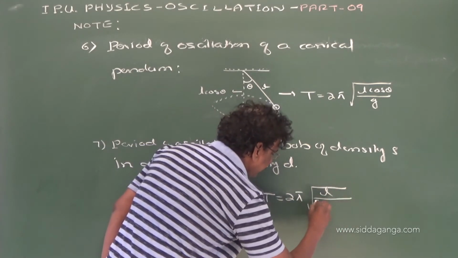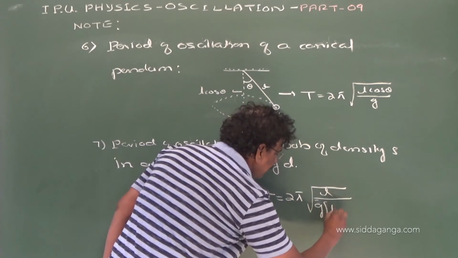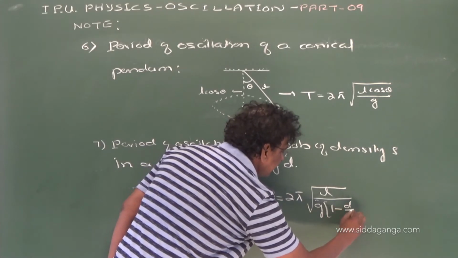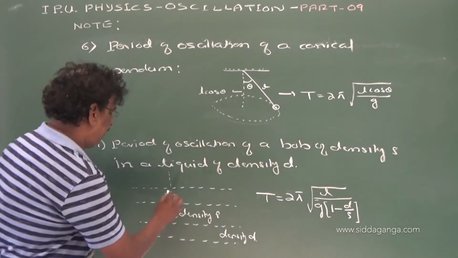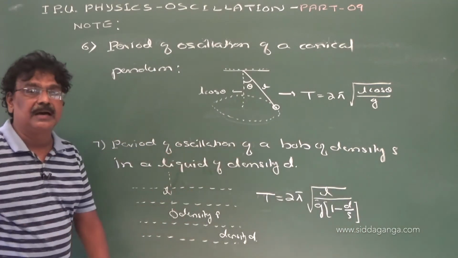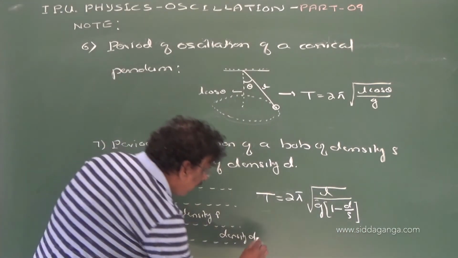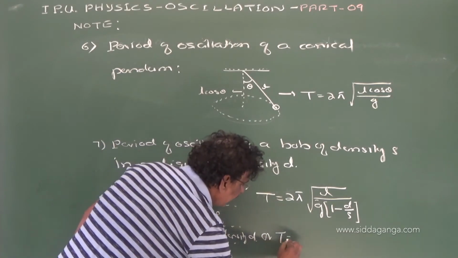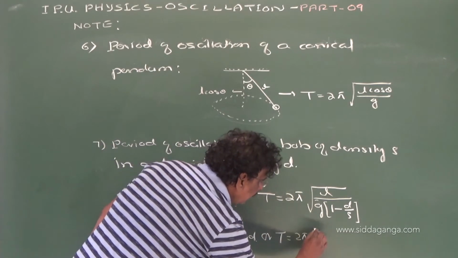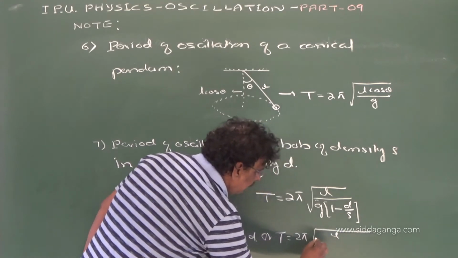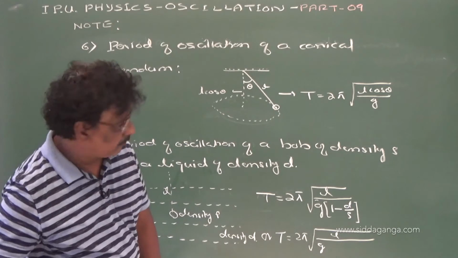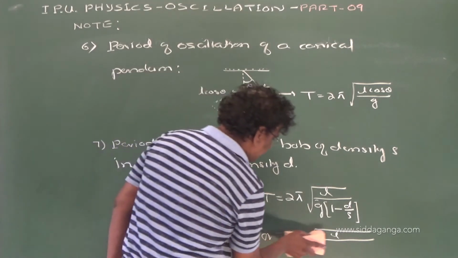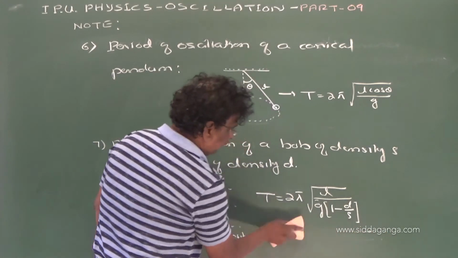L by g into 1 minus D by rho, where L is the length of the pendulum.